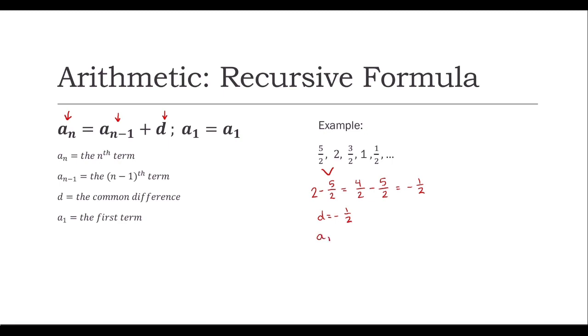So our a1, our first term, is 5 over 2. So to write it down in our recursive formula, we say a sub n equals a sub n minus 1 minus 1/2. So if we want to know any term, we can take our previous term and subtract 1/2 from it.